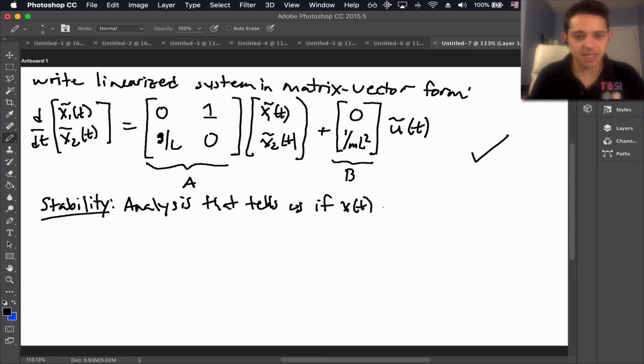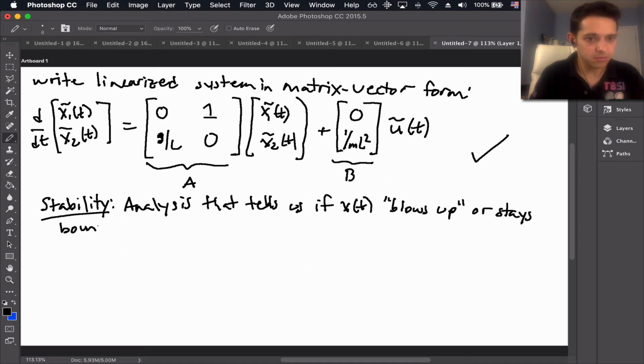if x(t) blows up or stays bounded, which means the following mathematically.